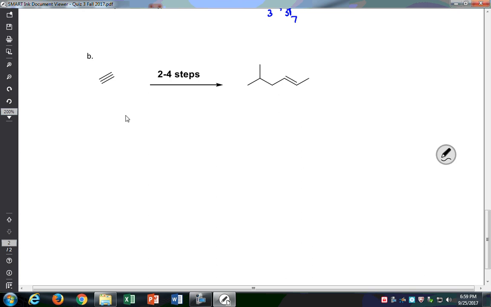So if I call this my starting carbons here, that means I formed a new bond here and a new bond here. And you can do that because I have 2 hydrogens on acetylene.